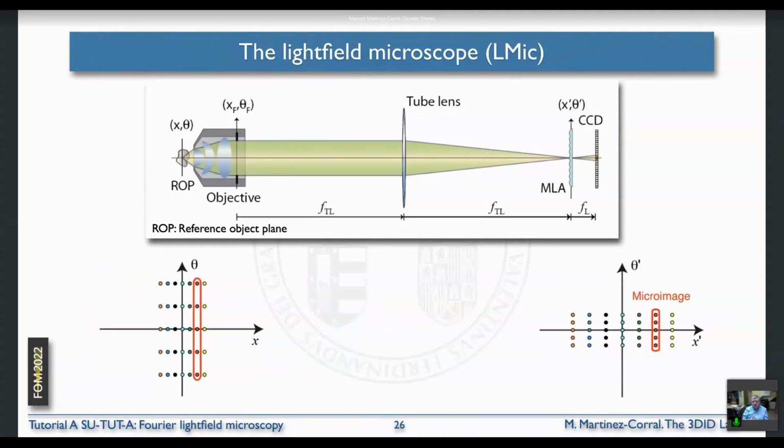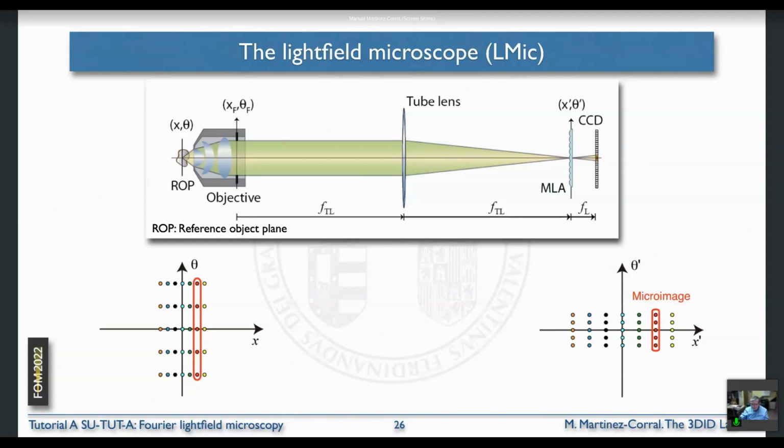So let me show you this scheme with the Plenoptic map. Here we have the micro image. This is what we collect. For example, the blue micro image will be there. Here we have spatial information, we have angular information, and there is strong rescaling between what we are collecting and what was emitted.